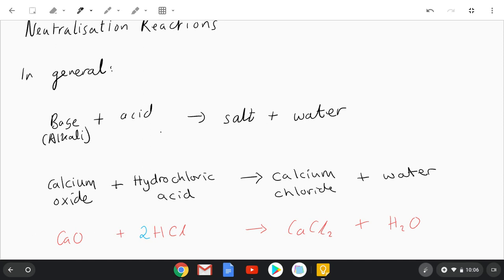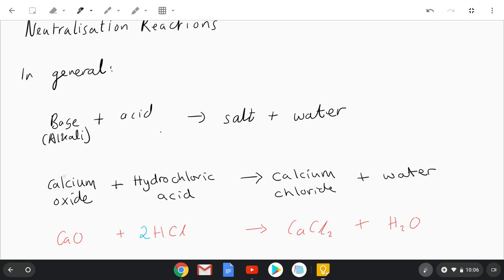Some of you are still thinking, how do I know what to write down here as the salt that is produced? Now, from the alkali, the first element in the compound takes the bit that's attached to the hydrogen in the acid, which is chlorine in this scenario.